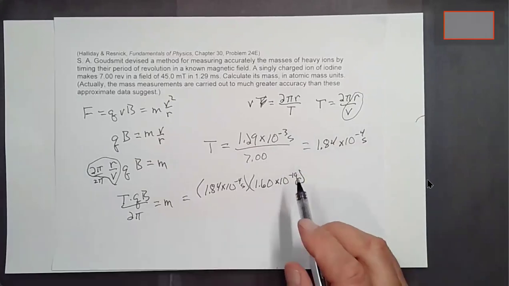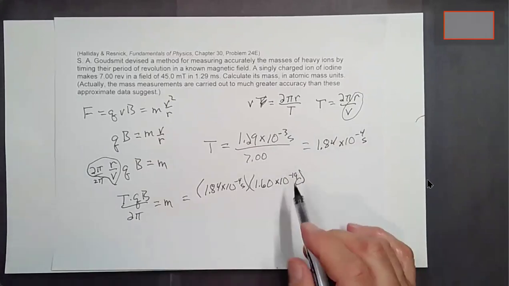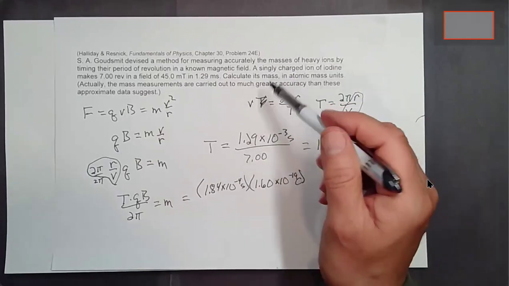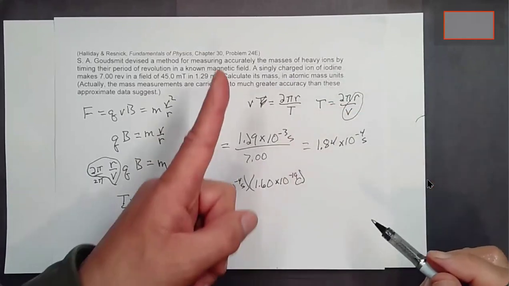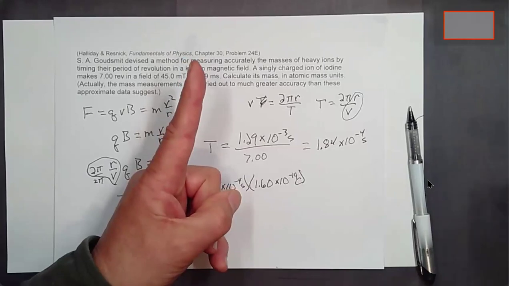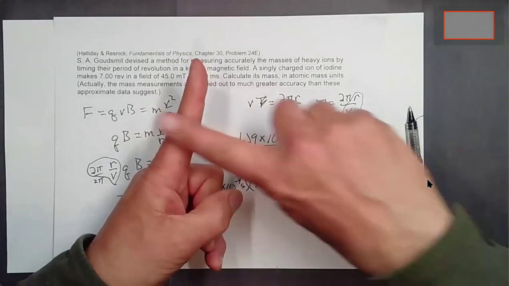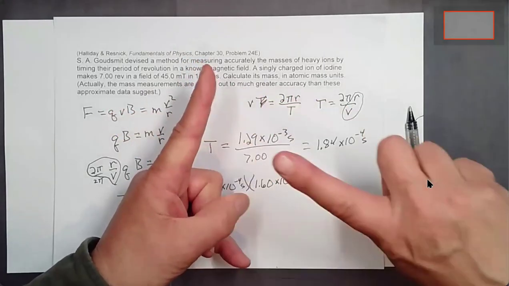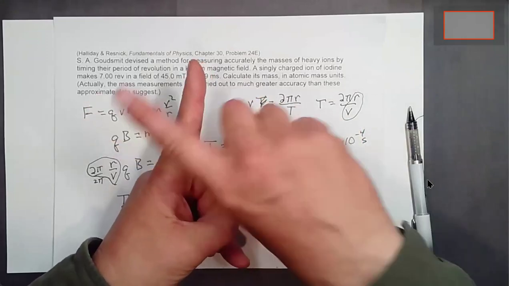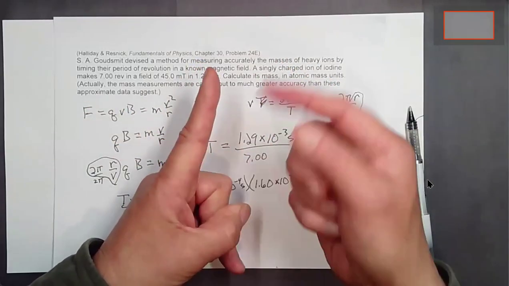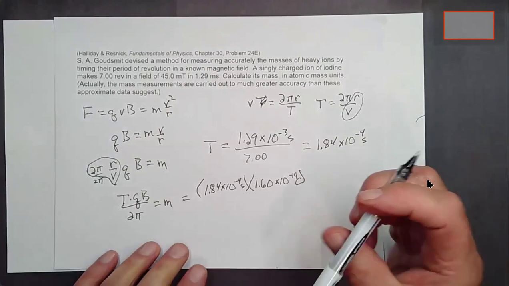Chances are this is a positive ion, because the way they test them is to have their velocity go in one direction and have a beam of electrons going perpendicular to that, which will knock an electron off of the particles and turn them into a singly charged positive ion.